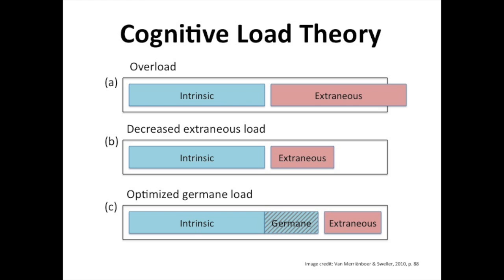Cognitive load theory assumes the human cognitive system has a limited working memory that can hold no more than 5 to 9 information elements, the famous 7 plus or minus 2, and actively process no more than 2 to 4 elements simultaneously.